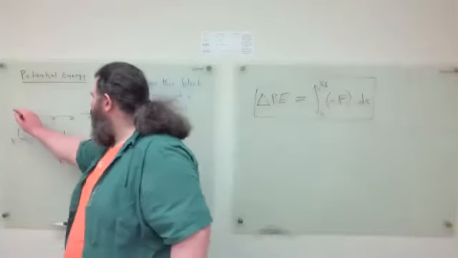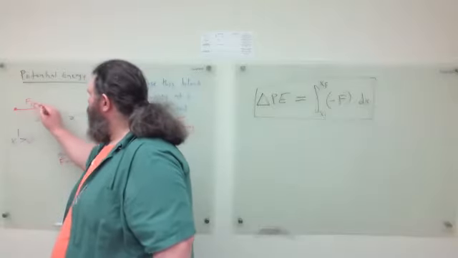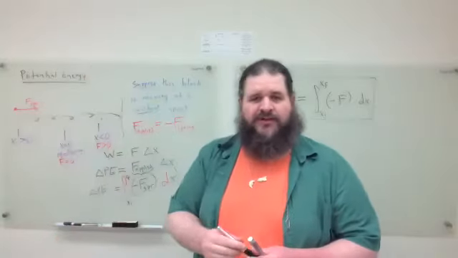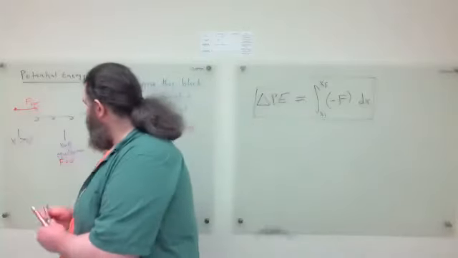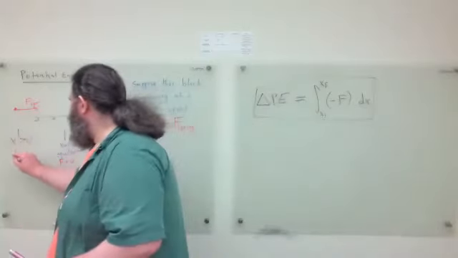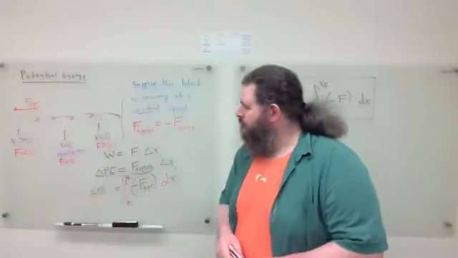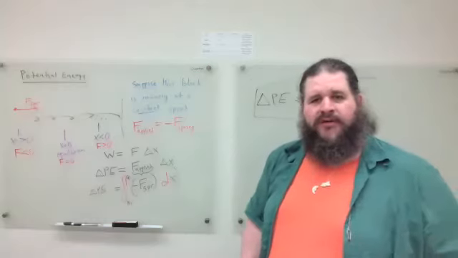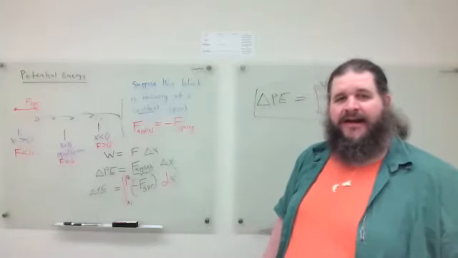Yeah, it's going to be pulling back towards equilibrium. And since that's pulling in a direction trying to make the spring shorter, we would consider that to be a negative force. So it looks like the force is going to be in a direction opposite to the displacement, which suggests we're going to need a negative sign in our formula.